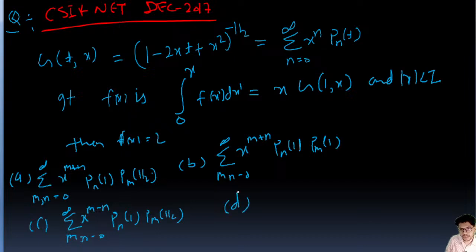And option D is sigma n,m equal to 0 to infinity x to the power n minus m Pn(1).